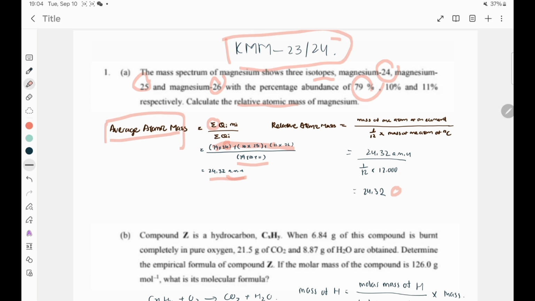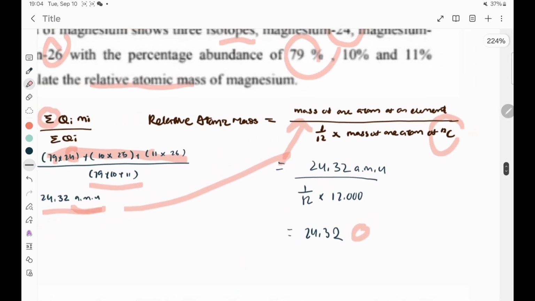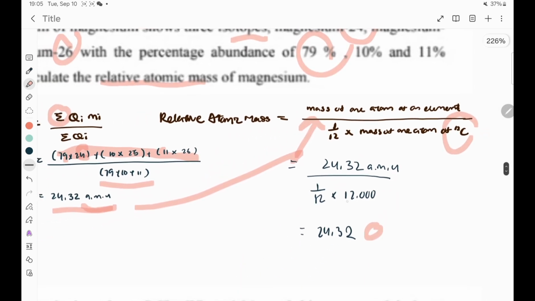Afterwards, we need to transfer this value into here, which is the mass of one atom of an element, divided by 1/12 times the mass of one atom of carbon 12. So you will get an answer of the same value, because 1/12 times 12 is equal to 1.